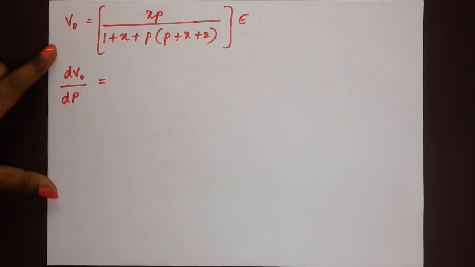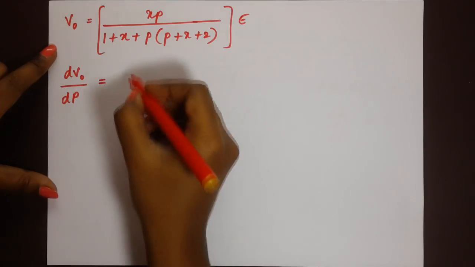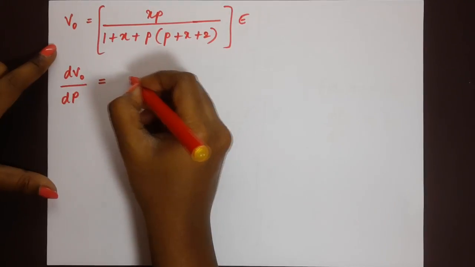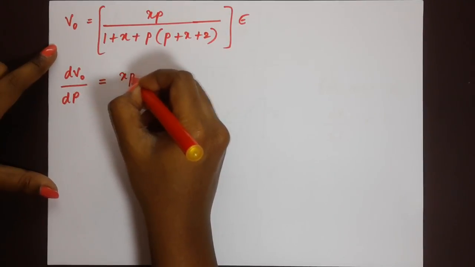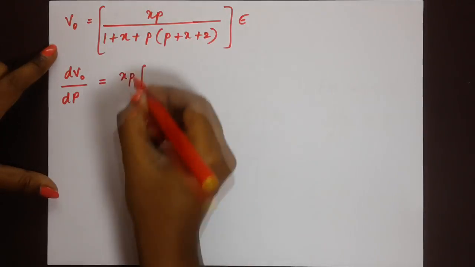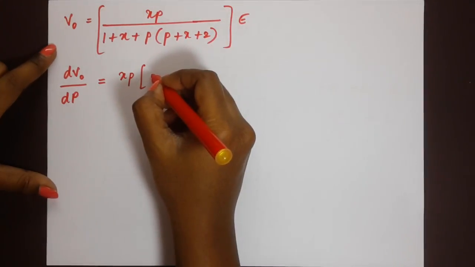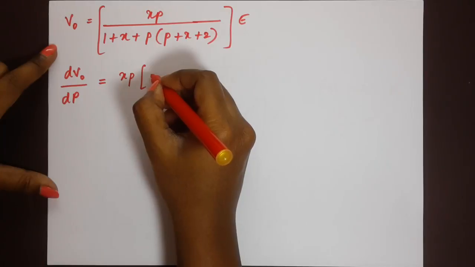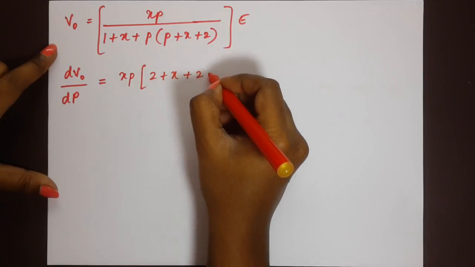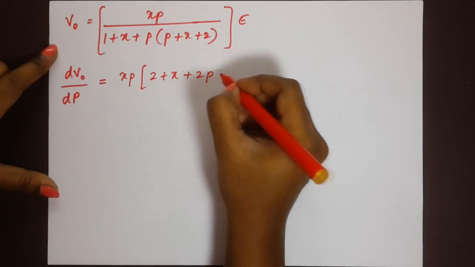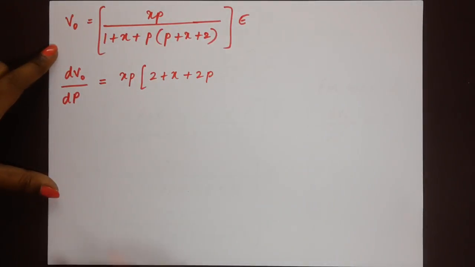Alright, so now let's apply the U by V formula here. So recall the formula. We'll have to first differentiate. We have XP into the derivative of the denominator, which is, since we are doing it in terms of P, 2 plus X plus 2P, right?